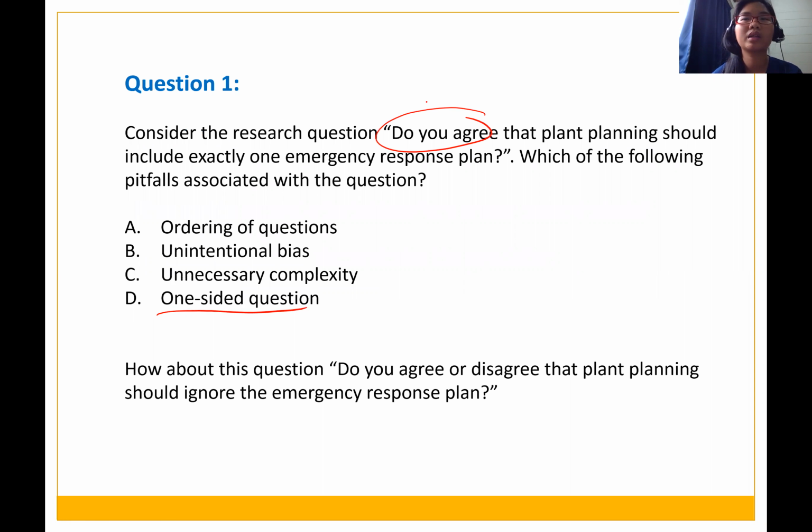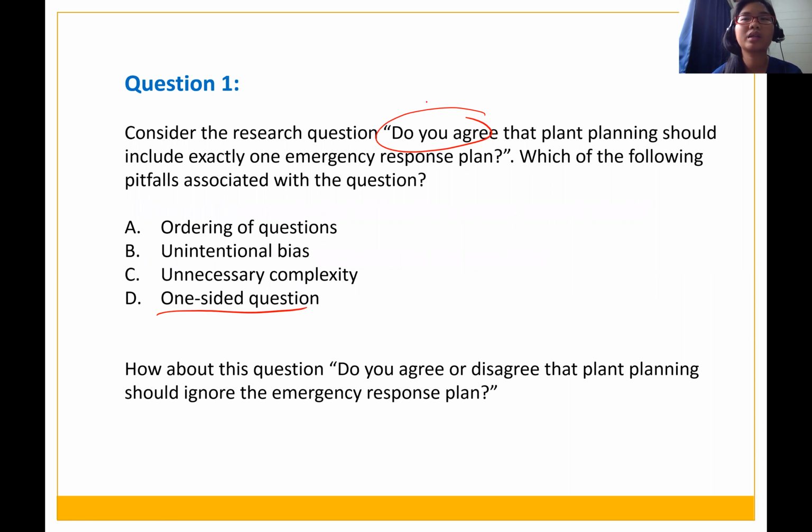The unintentional bias is where they use "include exactly one emergency response plan." It is not a very clear unintentional bias because it's not the biggest problem in this question. The biggest problem is the deliberate bias, where you just give people a one-sided question. But the unintentional bias does exist, so there can be two answer choices for this question.